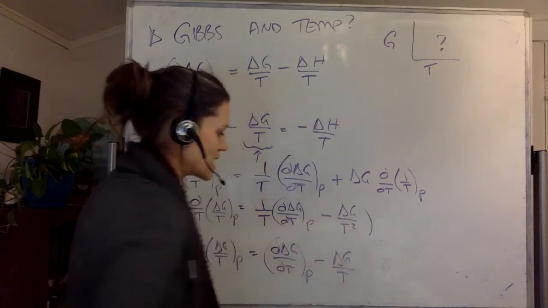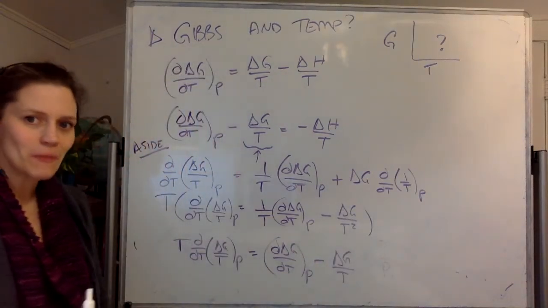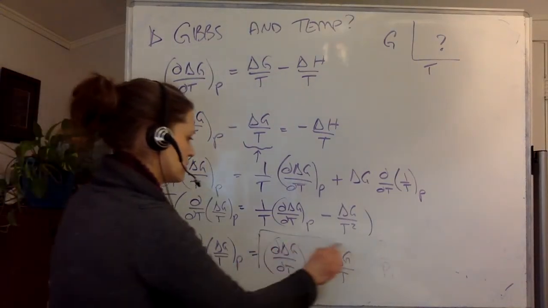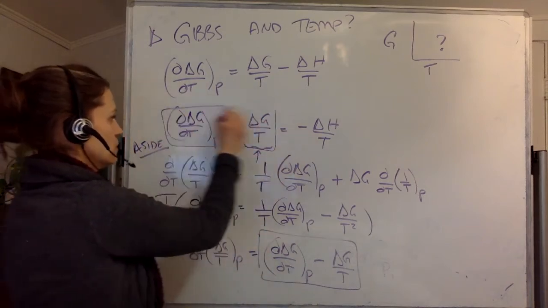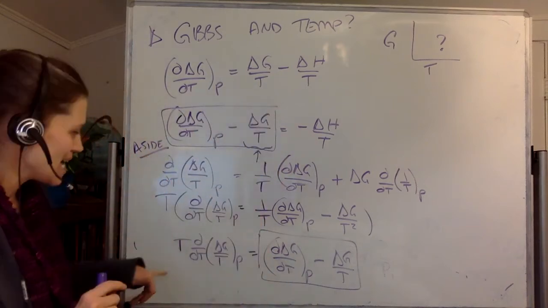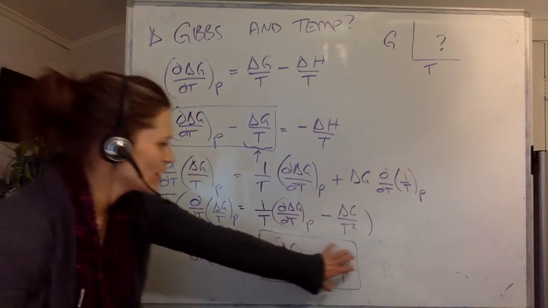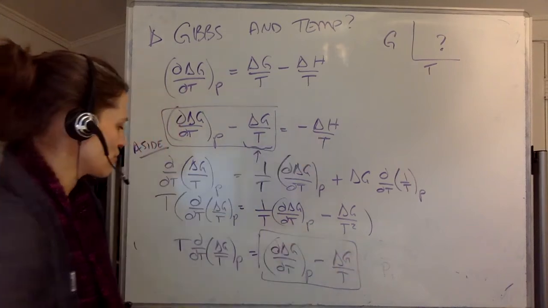This becomes 1 over T. Cool. Does this look familiar at all? Go team. So now I've got this relationship is just minus delta H over T.